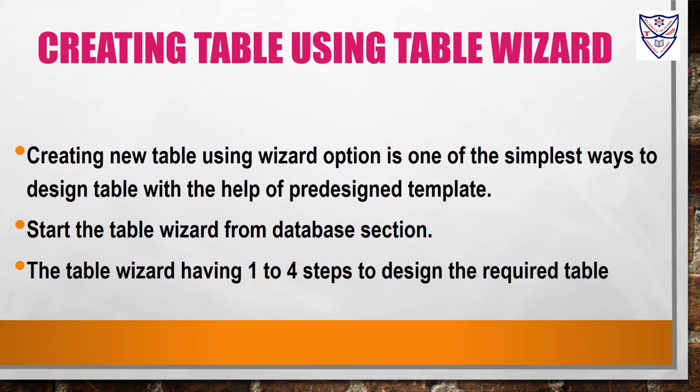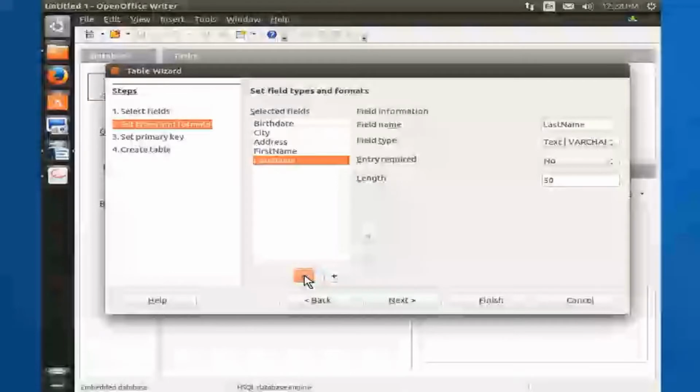Creating a table using Table Wizard. Base database window. Before we start working with the Base database, let us take a close look at the Base database window and its components. Its components are the Database section, Task section, Object section, Description section, and Document section.